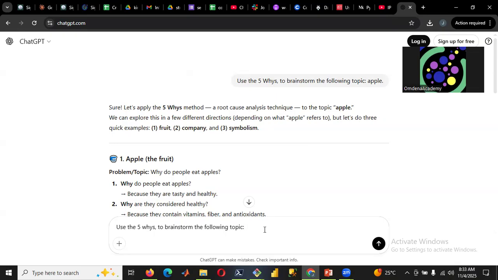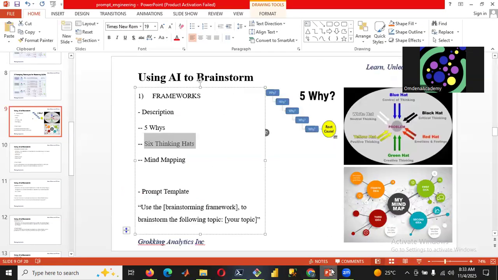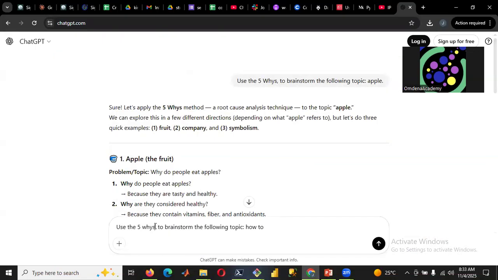This topic is how to sell my MiFi. Oh, I'm still using five whys instead of the six thinking hats. Yeah, six thinking hats. That's the brainstorming framework.